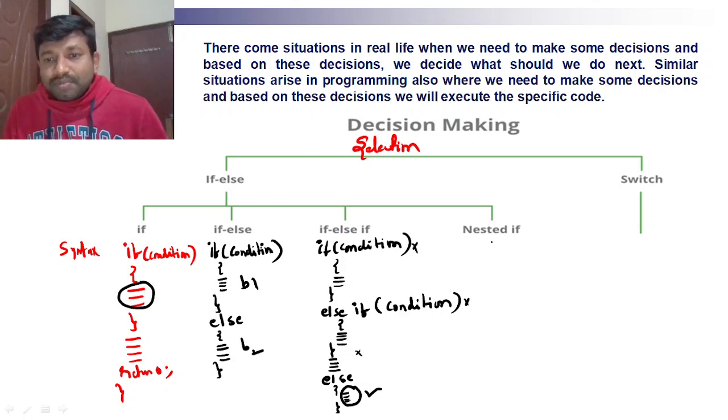Fine. Nested if: simply, if condition is true, again you want to test another condition, means you want to test one condition inside the other condition. It could be like if a greater than b is true, then you may want to test whether a greater than c is true or not. So you can say this is condition 2. Fine.